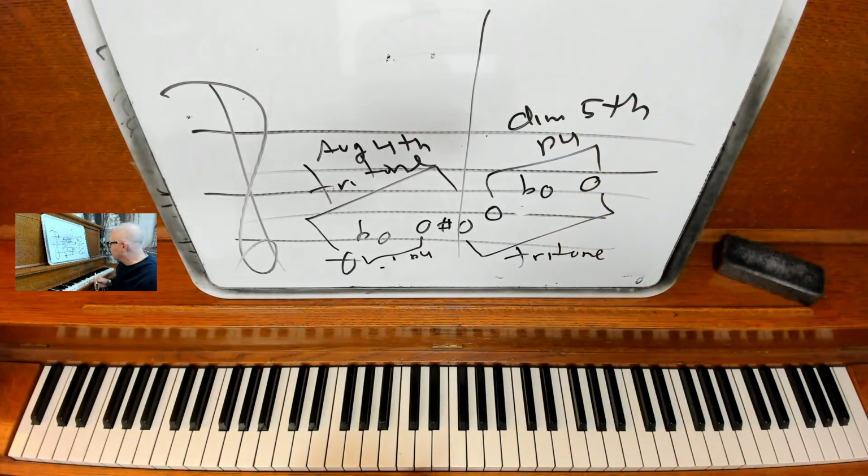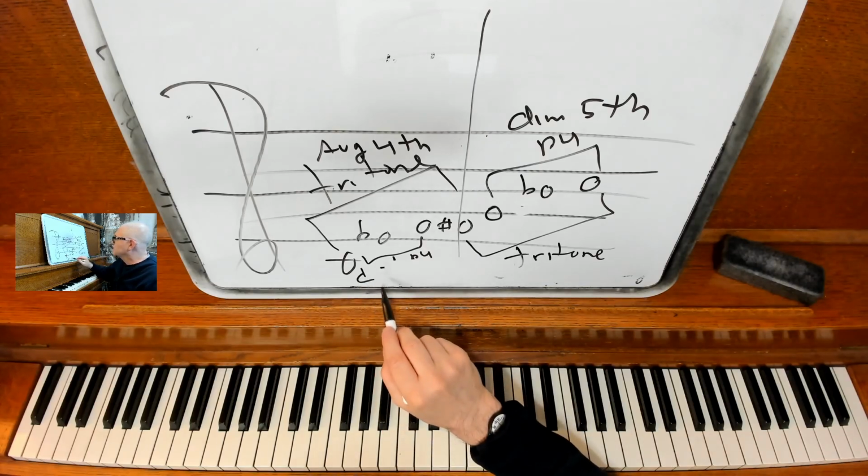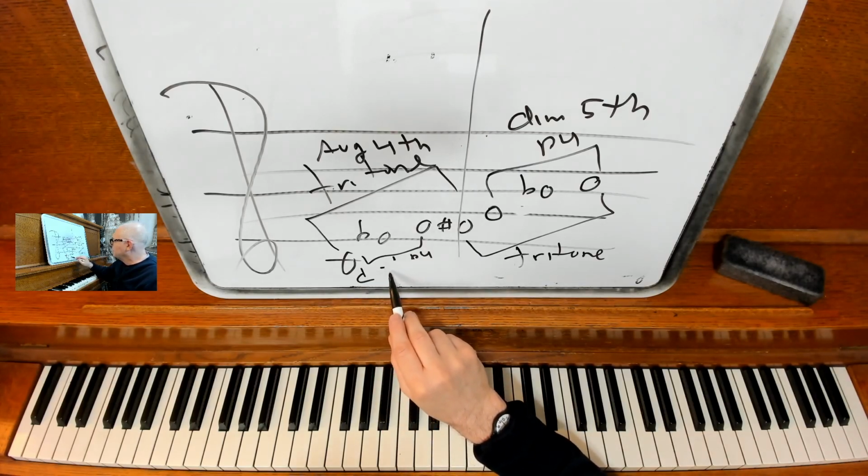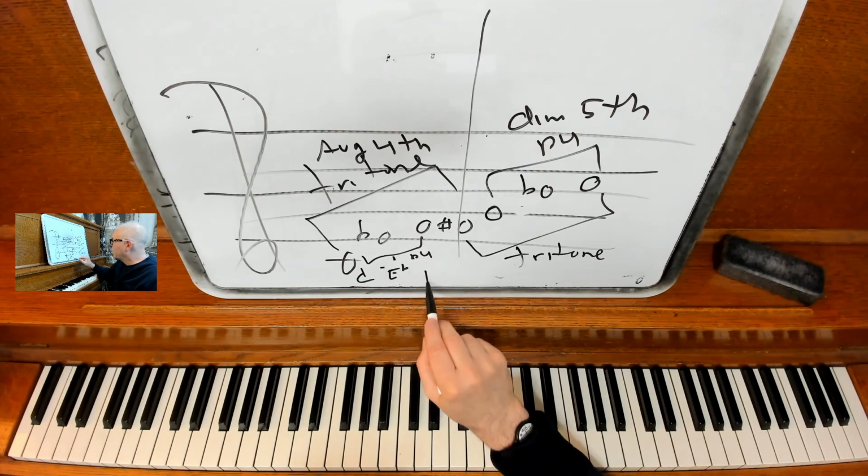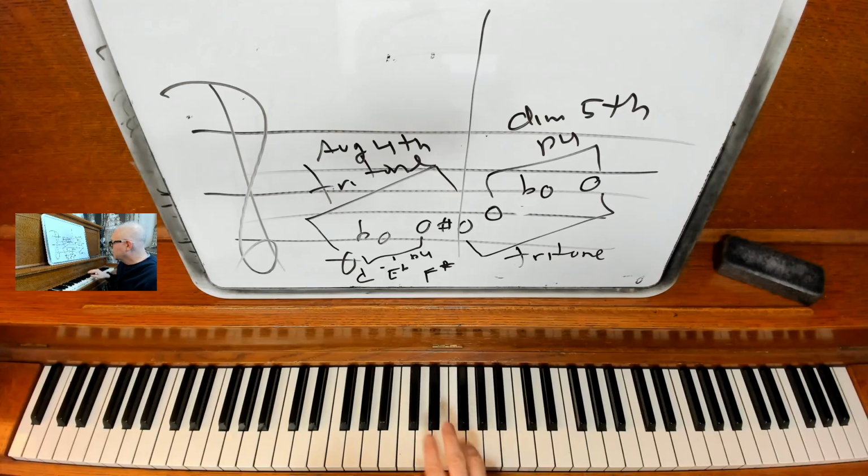Why would I name them two ways? Well, I name them two ways because if you just simply recite the alphabet, C, D, E flat, F sharp, doesn't matter, C, D, E, F, that's a fourth, right?